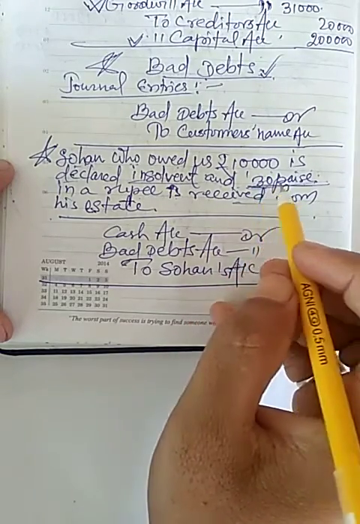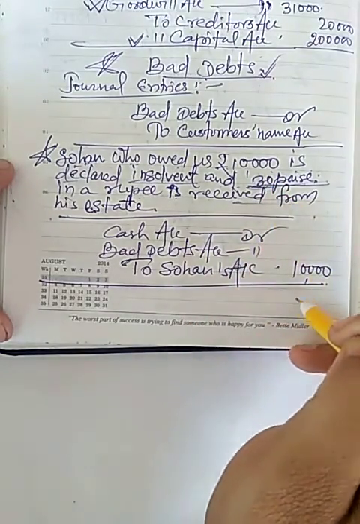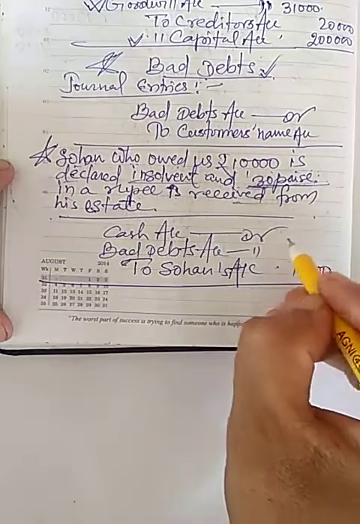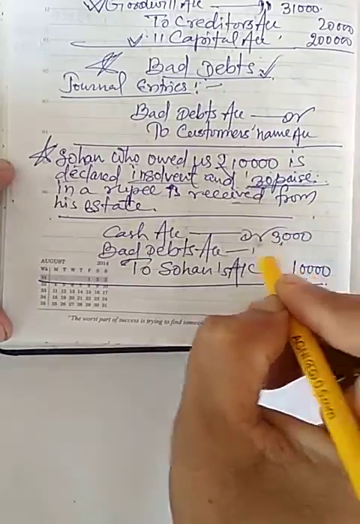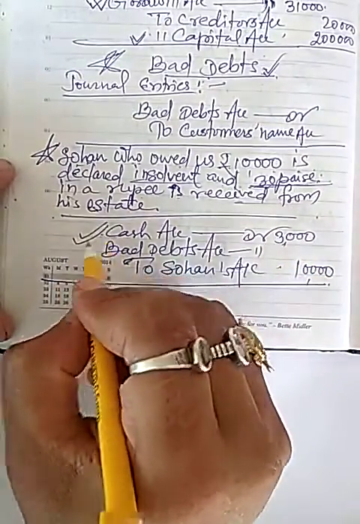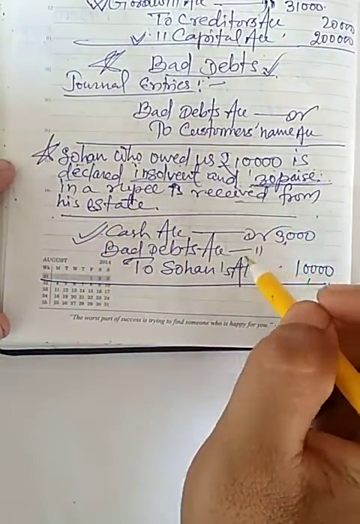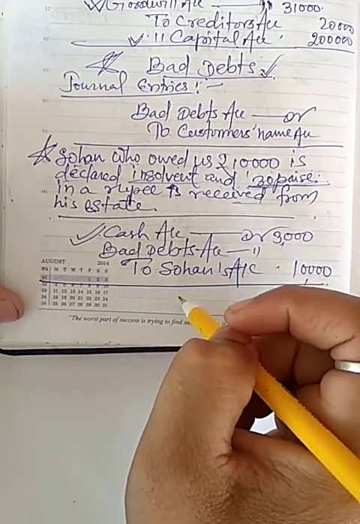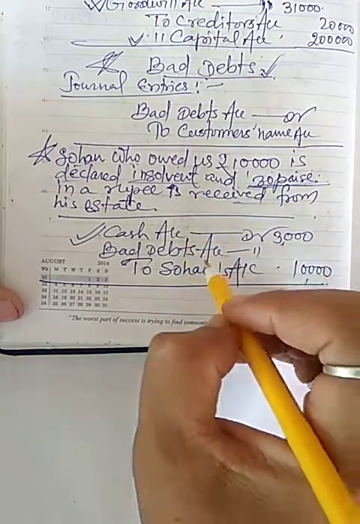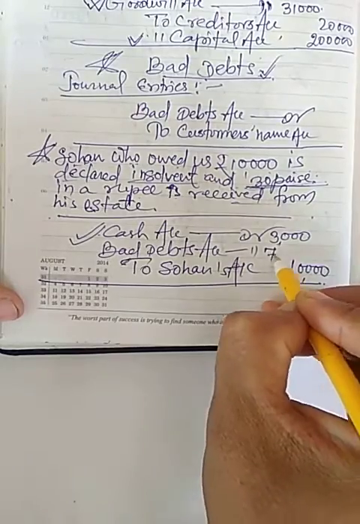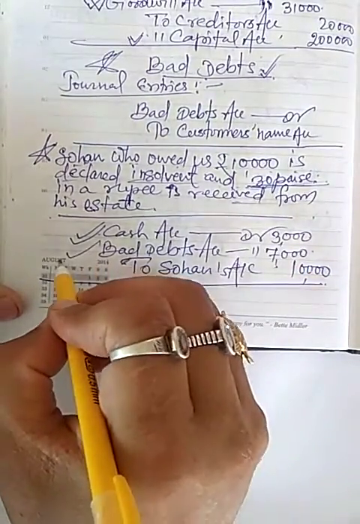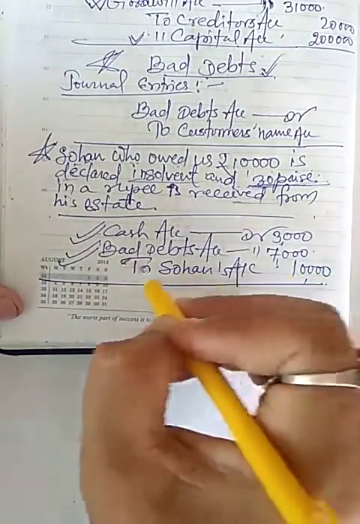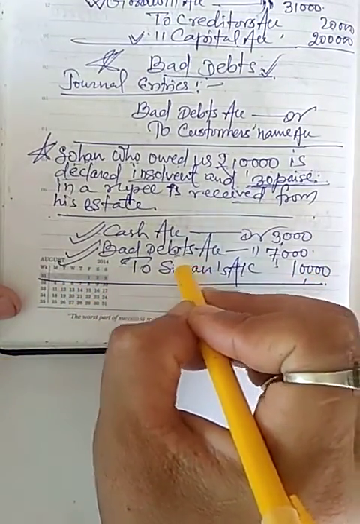So 30 paise means 30% of 10,000, which is 3,000. So cash of 3,000 is coming into the business and the remaining balance will be bad debt, so it will be 7,000. And bad debt of 7,000 is our loss.